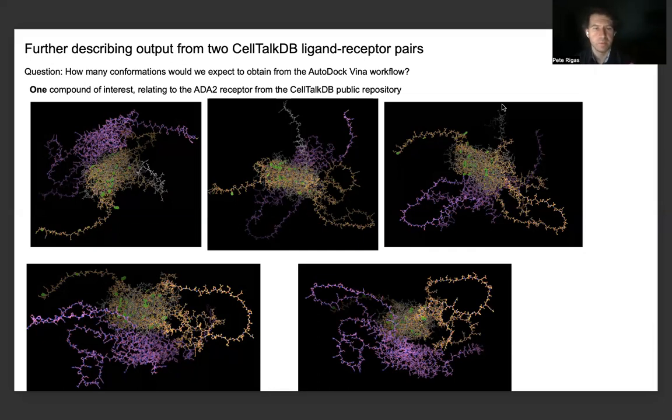And from the information provided on the CellTalkDB database, we can see that there can be different types of interactions between this ligand and receptor, which involves a very substantial interaction along this ternary structure, which is given by the overlapping region between this ligand and receptor.